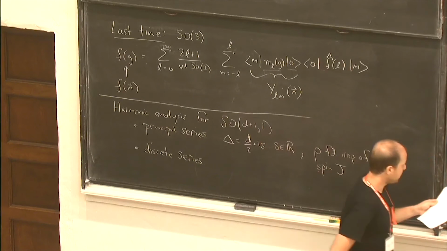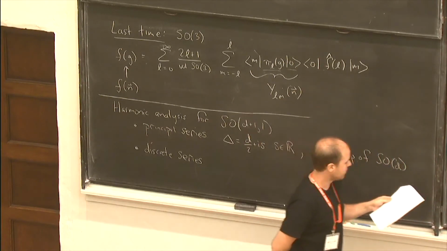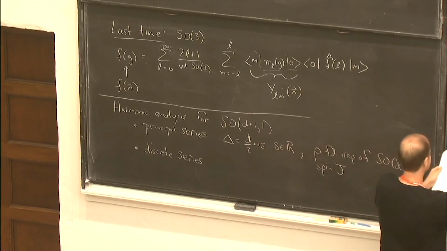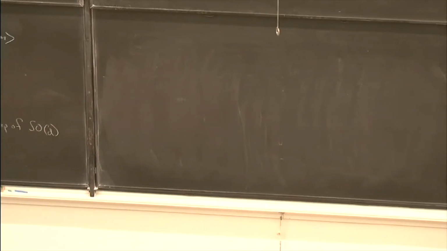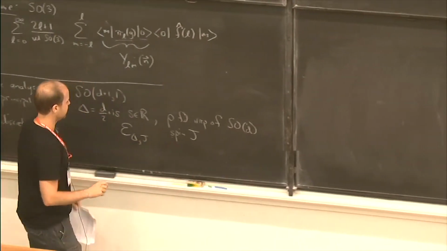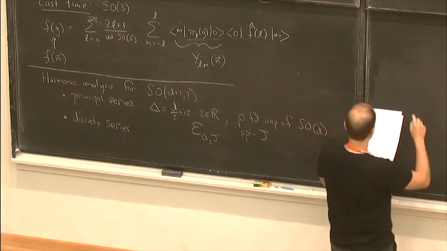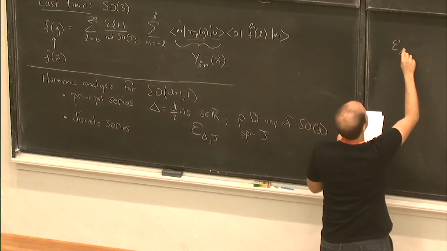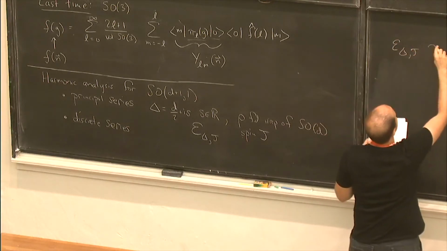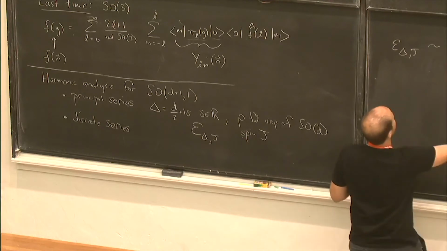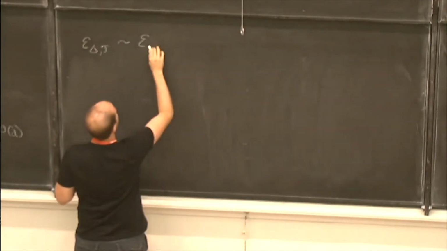Okay. So I'll call these things E_{Δ,J}. The E is for Euclidean. One important fact about these principal series representations is that there's an equivalence between the principal series representation and its shadow representation.